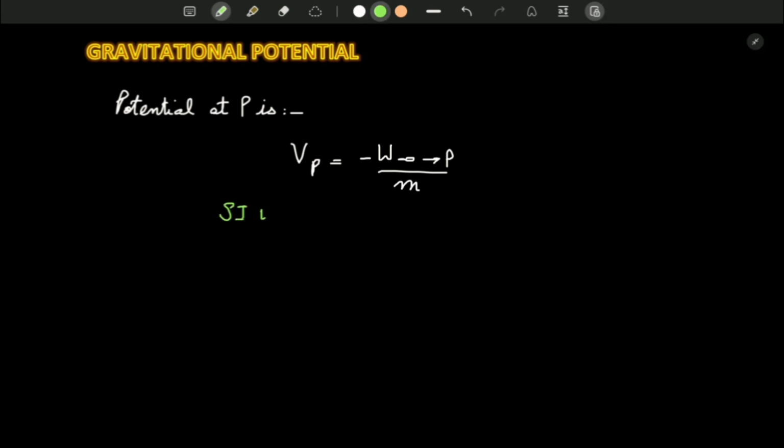Here I am taking the point as P. Thus potential at P is Vp equals minus of work done from infinity to that point P divided by the test mass, and the SI unit of potential is joule per kg.